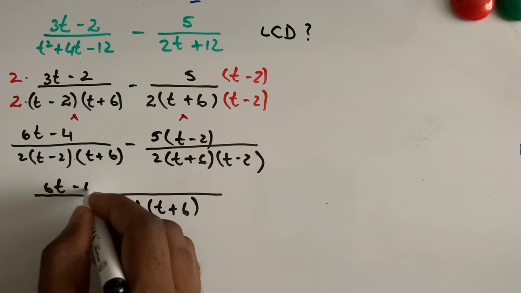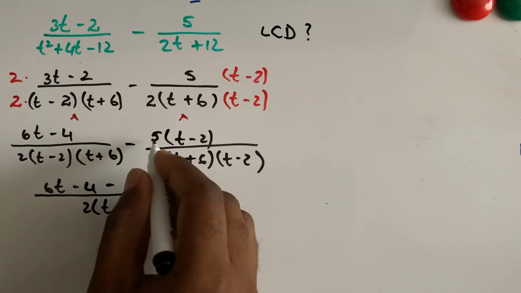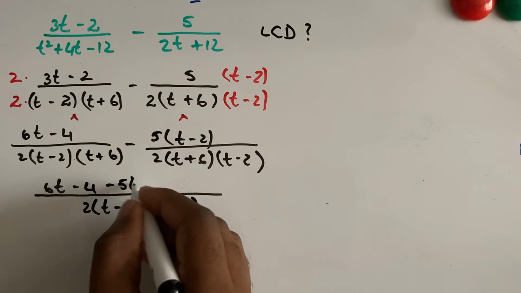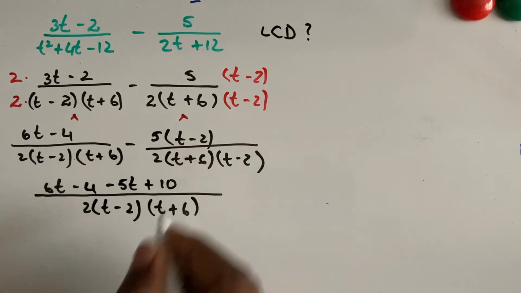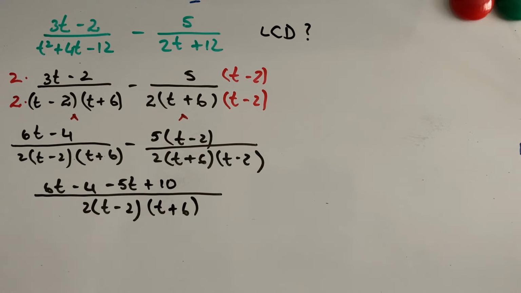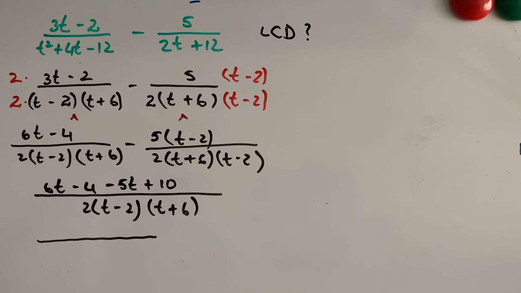6t minus 4 minus, we can distribute here. Negative 5 times t is negative 5t. Negative 5 times negative 2 is positive 10. That's what we have now. So let's keep going. We can keep reducing the top.